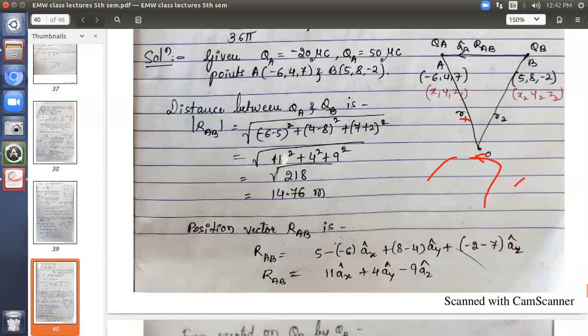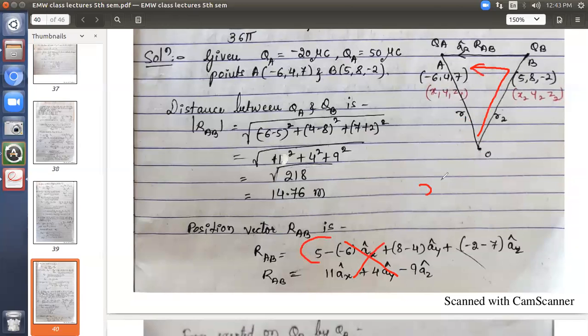So accordingly, I have taken here, okay, I have made some mistake, I guess. According to that, R1 minus R2, I should be taking like this. Okay, it is wrong. You take the positions like this direction plus this direction.